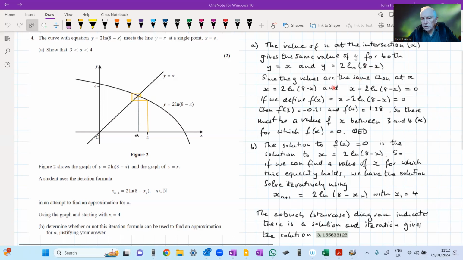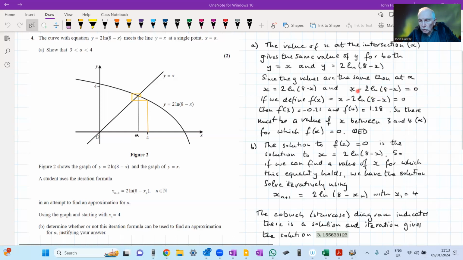Now I'll not go into that in any more detail. This is kind of essentially what we mean by the intersection of two lines. Therefore at alpha we've got x is equal to 2 natural log of 8 minus x, or we could write x minus 2 times the natural log of 8 minus x equals 0.